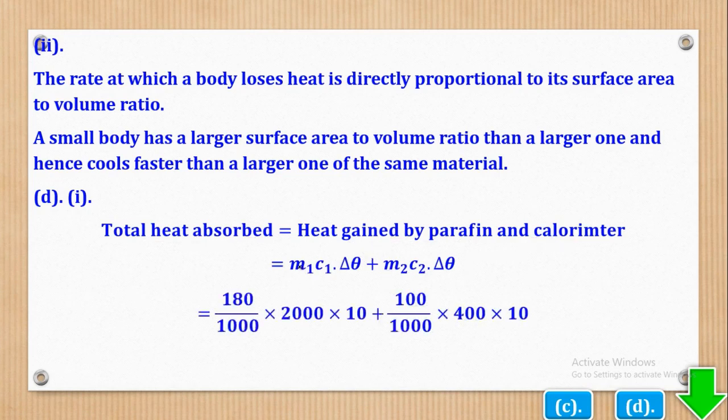For paraffin, M is 80 grams, so you change to kilograms, C is the specific heat capacity, which was 2000, and change in temperature was 10 degrees Celsius. For the calorimeter, mass was 100 grams, so you change to kilograms, C is the specific heat capacity, which is 400, and change in temperature was 10. When I use the calculator, I come up with the total heat absorbed as 4000 joules.